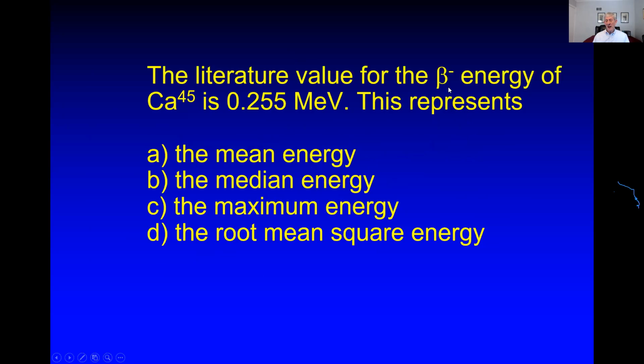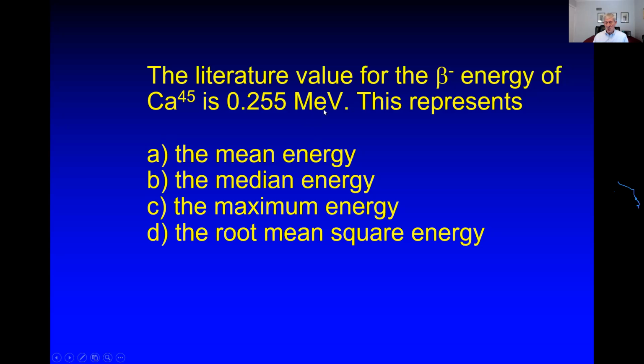The literature value for the beta energy of calcium-45 is 0.255 MeV. What does that represent? Is that the average energy, the median energy, the maximum energy, or the root mean square energy? C. Maximum. Excellent.